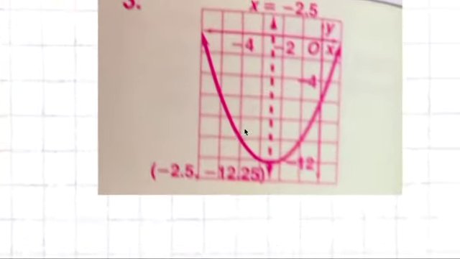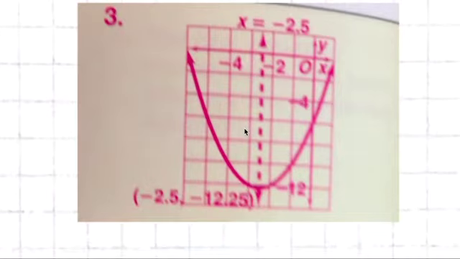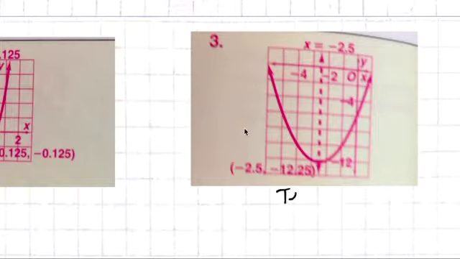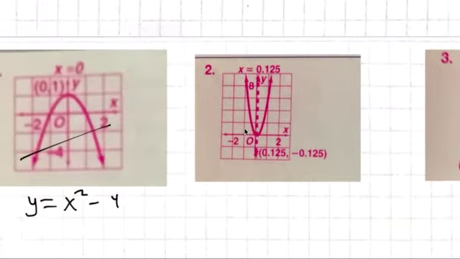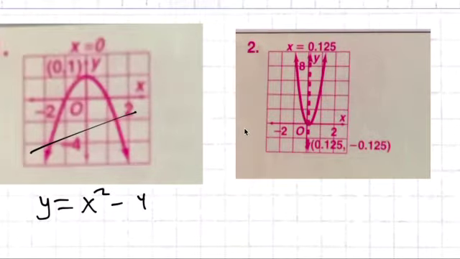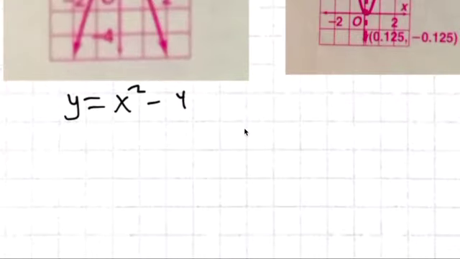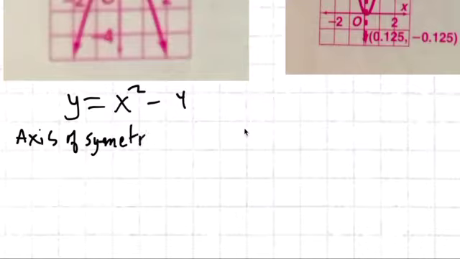Make sure you know how to do 3 because that's what's gonna be on your test. Okay, number 1 is the wrong graph. Axis of symmetry. That's spelled wrong.